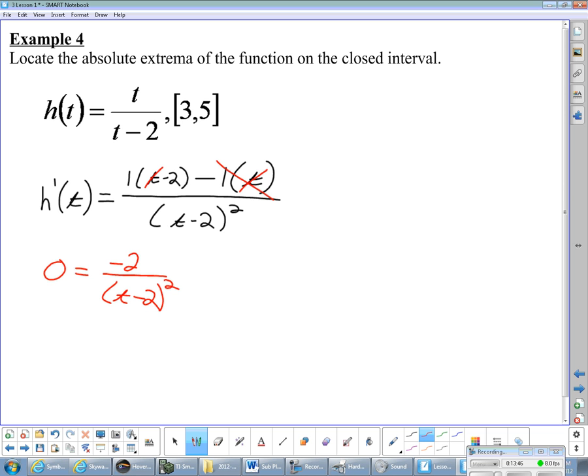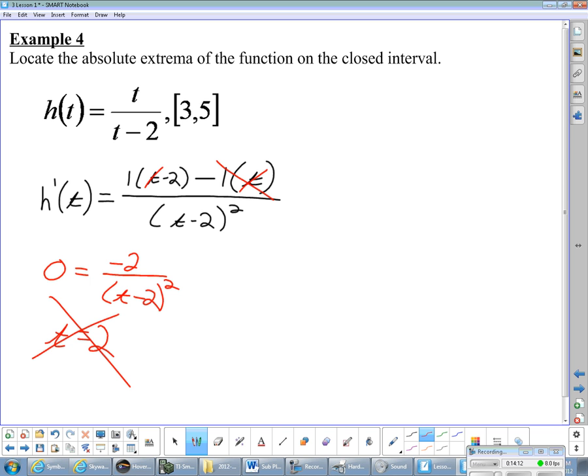And so our only critical number would be when the denominator equals 0, because that's when our derivative would not exist. Well, that also was not on our interval. So yes, t equals 2 is a critical number, but it's not on our interval, so we're going to ignore it. And because the numerator doesn't have a variable anymore because it canceled out, this works out real nicely, and we don't have any critical numbers.